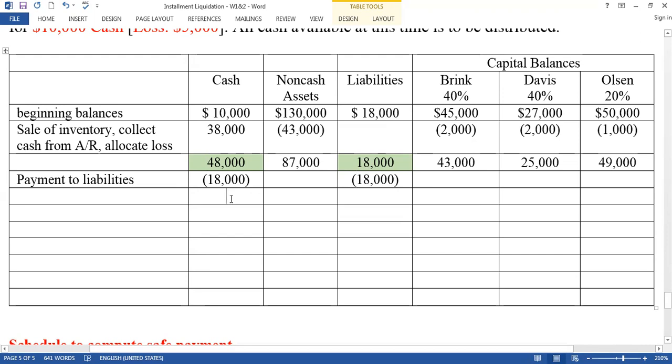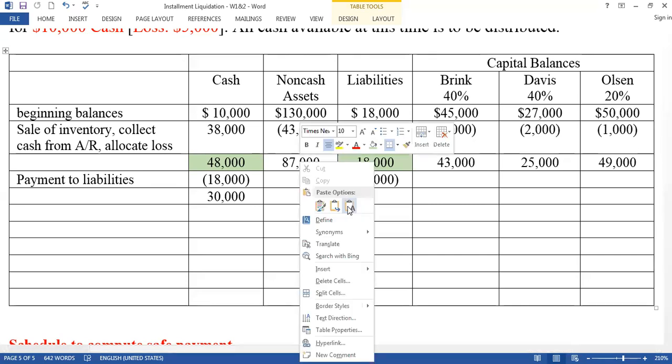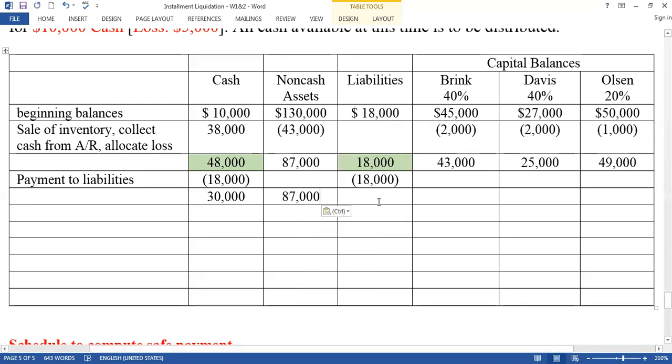Now, what is the balance we have available at this moment? The balance we have is $30,000. Our remaining non-cash asset, try to understand, is $87,000, and we have zero liabilities here.